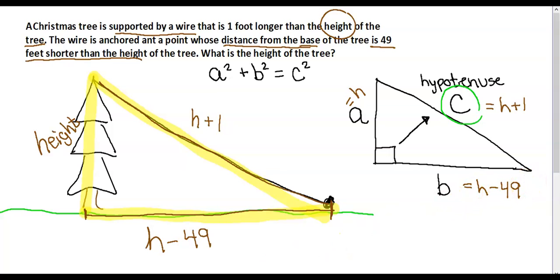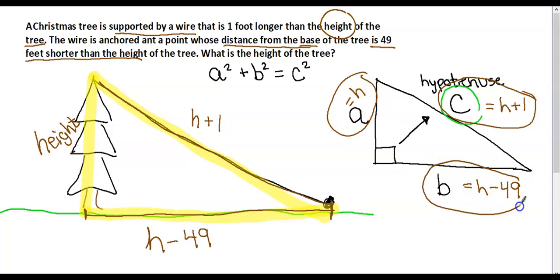I am going to remember those three things and write my formula down along with those on my next page. A squared plus B squared equals C squared.